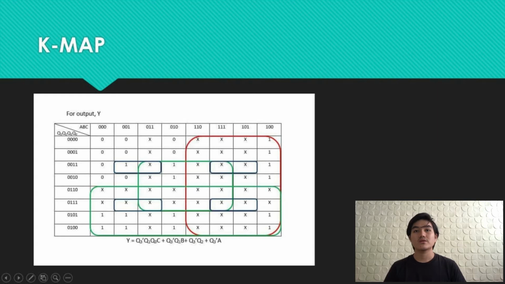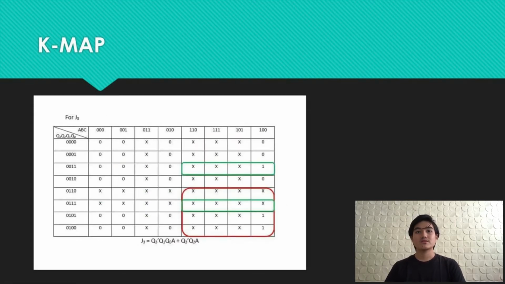Based on our K-map, there are 4 loops, so there will be 4 terms for the equation. For equation Y, we will get Q3 bar Q1 Q0 C plus Q3 bar Q1 B plus Q3 bar Q2 and Q3 bar A.